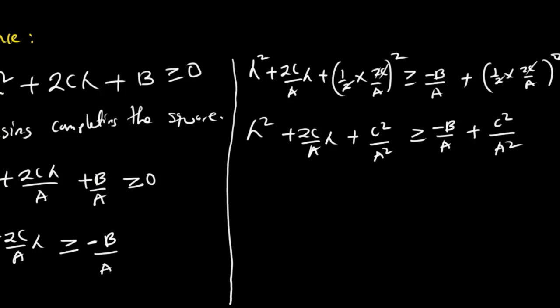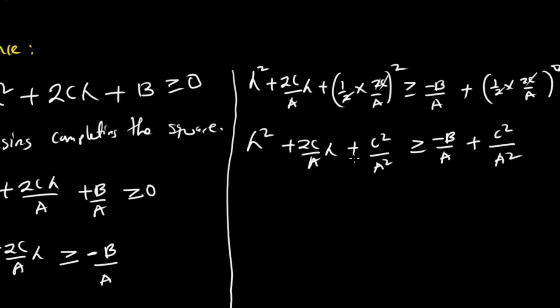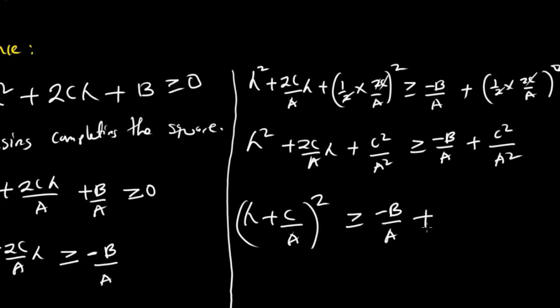And here I'm going to join this and have lambda plus C over A, squared, greater than or equal to negative B over A plus C squared over A squared. Let me try and create more space.